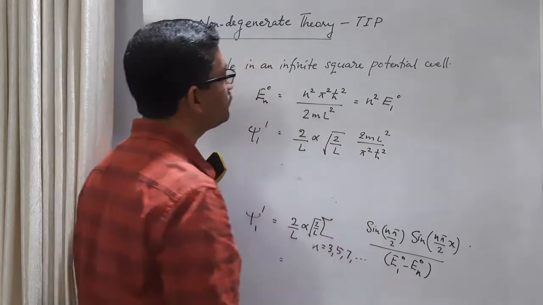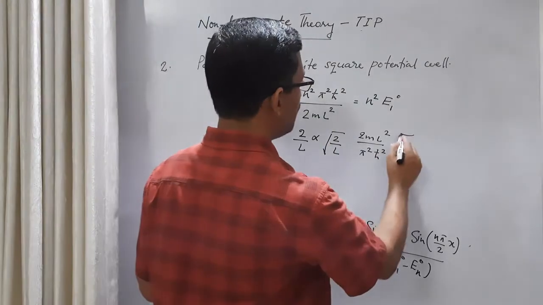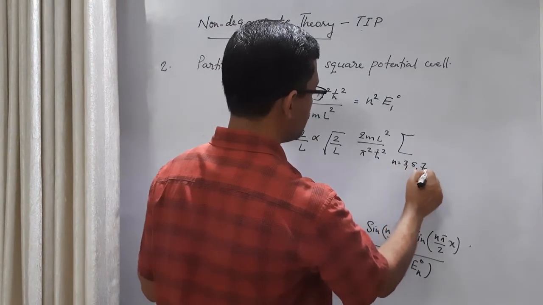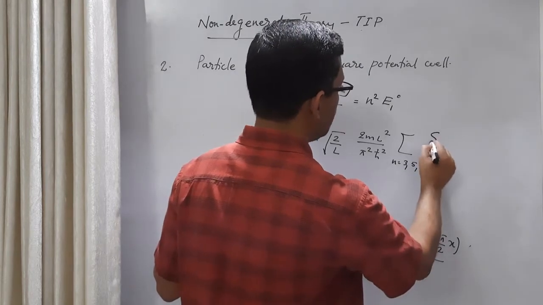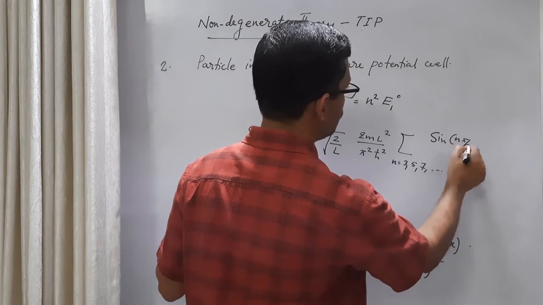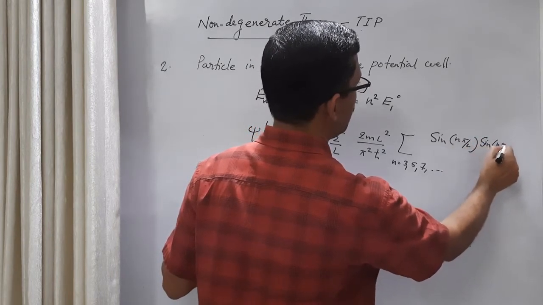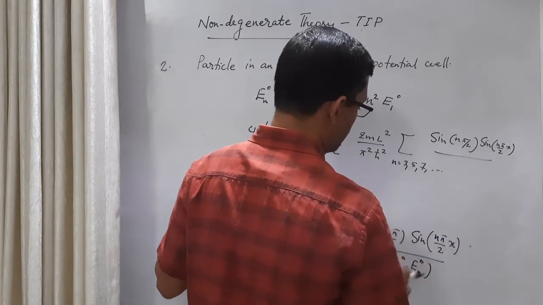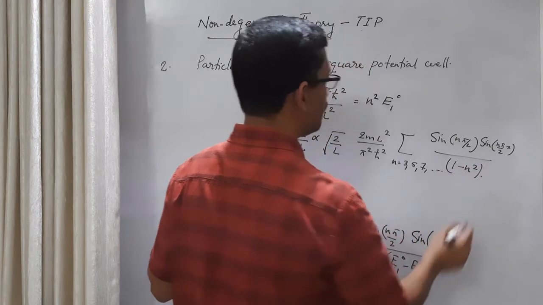Isn't this E10? 1/E10 comes outside. The remaining part is summation over n is equal to 3, 5, 7, etc., sin n π/2 into sin n π/2 into x divided by 1 minus n².